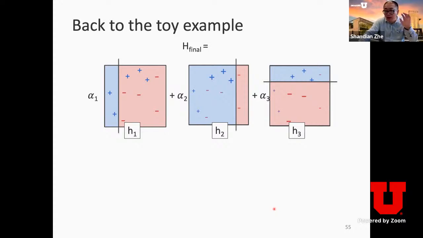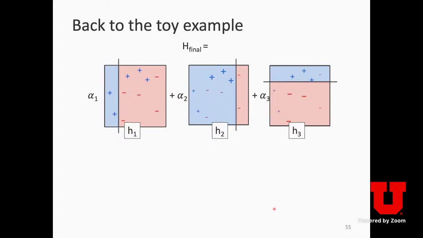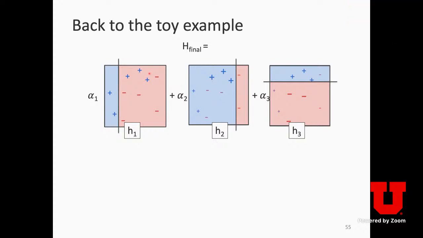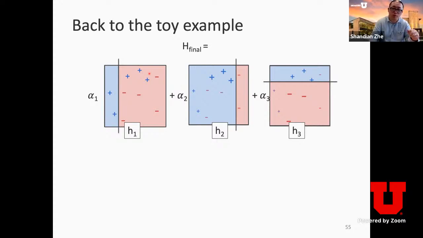That is, assume that you have a learning algorithm which can learn each one, like a decision tree, or some kind of horizontal or vertical classifiers. So we know how to learn a weak classifier. That's the basic assumption: you have some weak learning algorithm, and whatever data you give it, it returns your hypothesis.